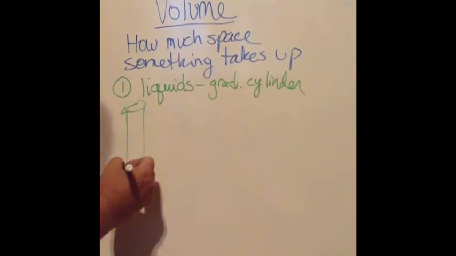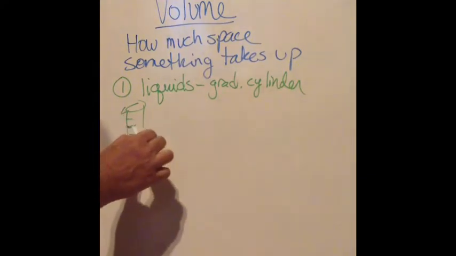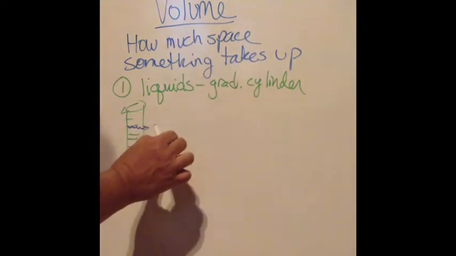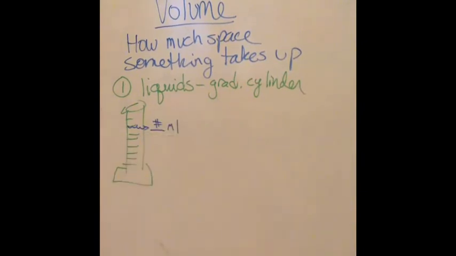The tall things. It had a whole bunch of lines on it. You just put the liquid in there, and then whatever number it goes up to, you measure that number in milliliters. Okay? And if you need to convert it to liters, then you can just do that by moving the decimal point.